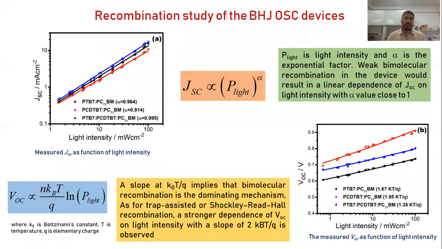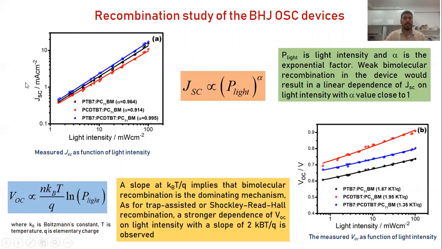From that JV characterization, you can calculate the value of the JSC with respect to the light intensity. In the normal case, we measure all the JV characteristics at 100 milliwatt per centimeter square. But in order to understand the recombination, you need to measure these values at low intensities also.